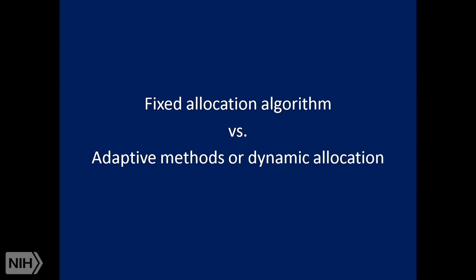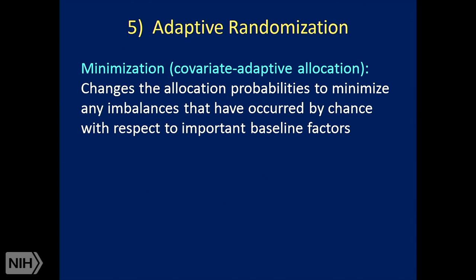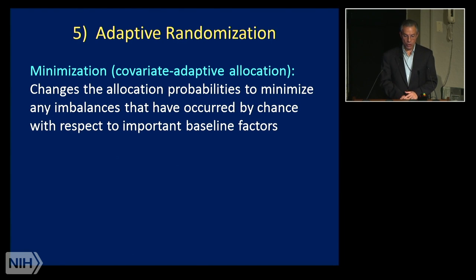That's fixed allocation algorithm versus adaptive methods or dynamic allocation. And that's the next one we're going to talk about, the last one. Adaptive randomization. There are two main ones. One is called minimization or covariate adaptive allocation.